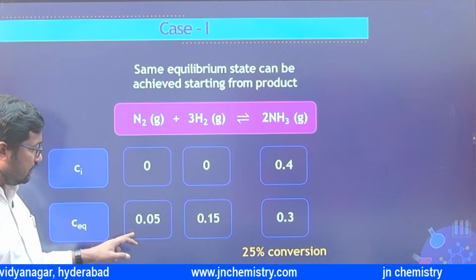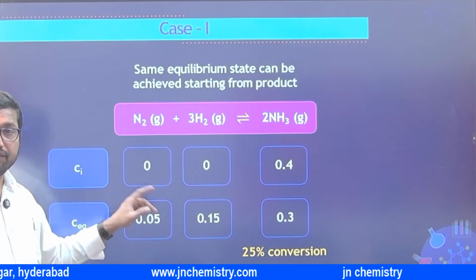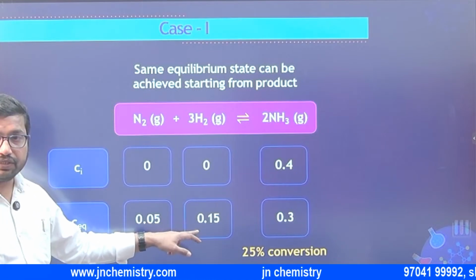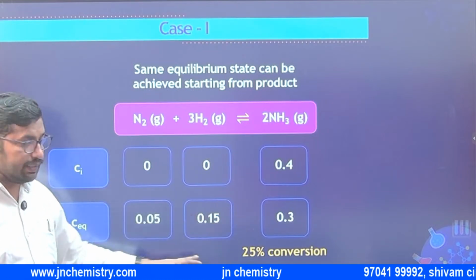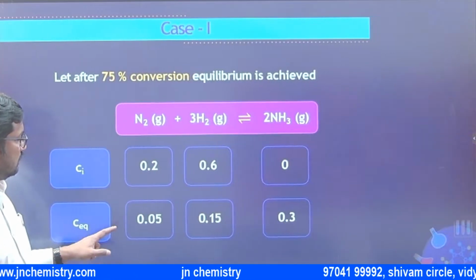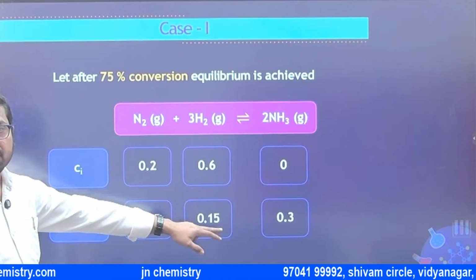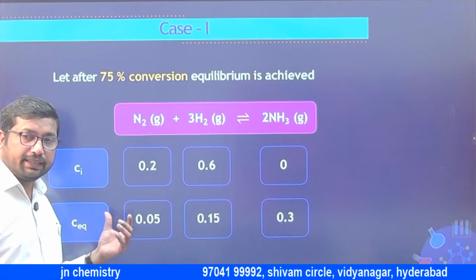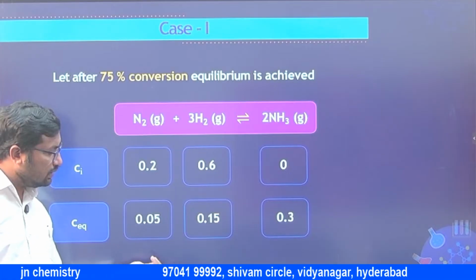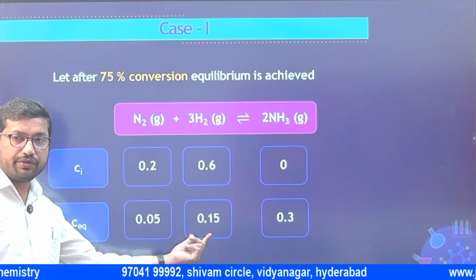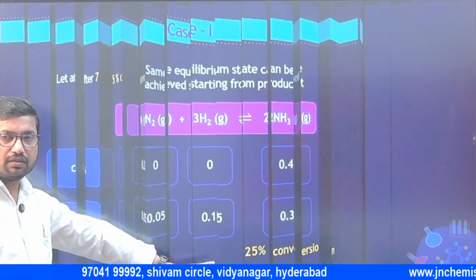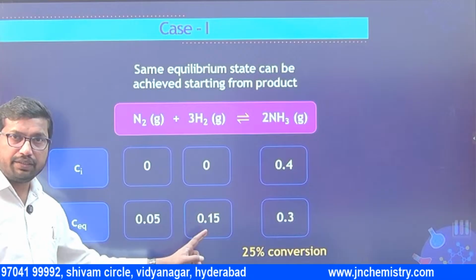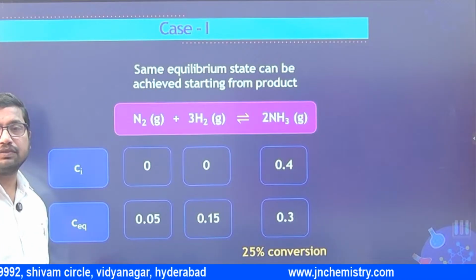Try to understand the concentrations after attaining the equilibrium, either forward or backward: 0.05, 0.15, 0.3, and in this case the same. After attaining the equilibrium the concentrations are constant, 0.05, 0.15, in this case also 0.05, 0.15.